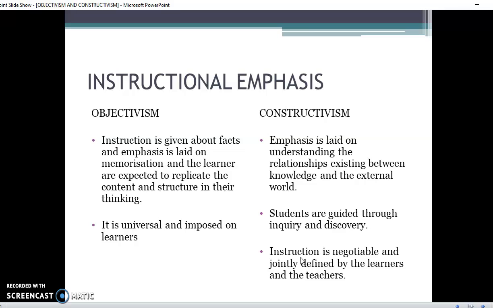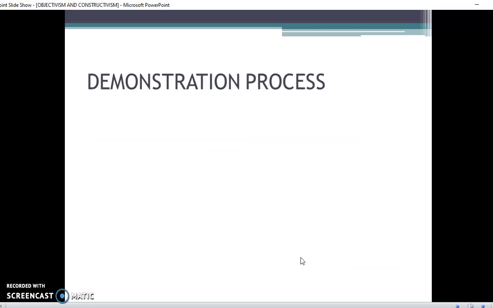But here the discussion or instructions would involve the students as well as the teachers, because it is an interactive process, and constructivism believes in interaction. It believes in more conversation between the teacher and the pupil. So it focuses on negotiation, it focuses on jointly defining the process, or we can call it instruction. So this is how we can look at both the approaches in terms of instructional emphasis.